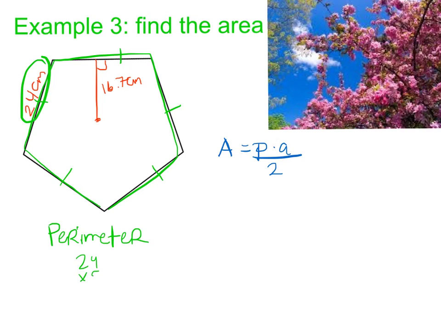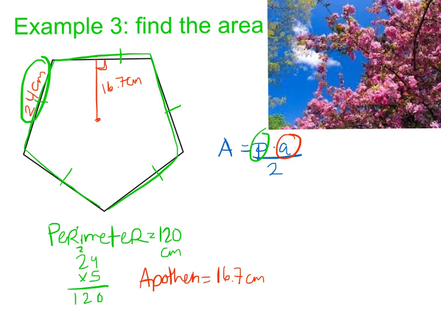So 24 times 5, that's 20. 5 times 2 is 10, plus 2 is 12. My perimeter is 120 centimeters, and that's my value that's going to go there. My apothem is the line that goes from the center to any of the sides making a right angle, and that is 16.7 centimeters, and that value is going to go there.